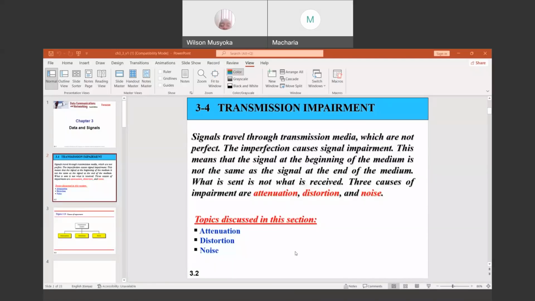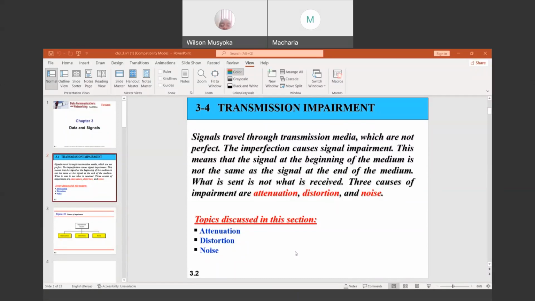We have said that when an analog signal is going to be transmitted, it can be affected by three types of impairments. And we have the noise, the distortion, and attenuation. In the case of a digital signal, at the receiver side, you can get changes in bits.